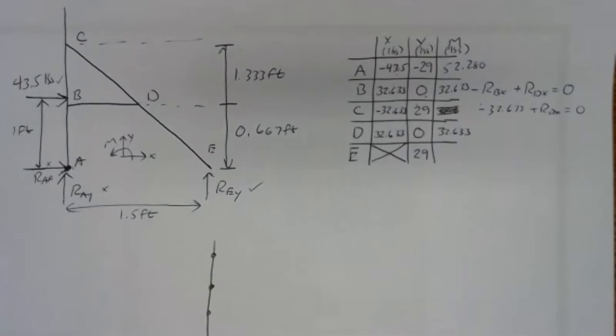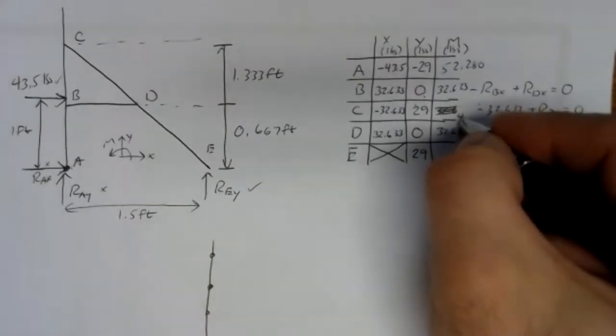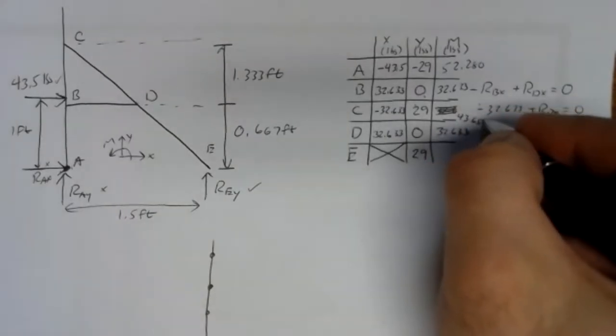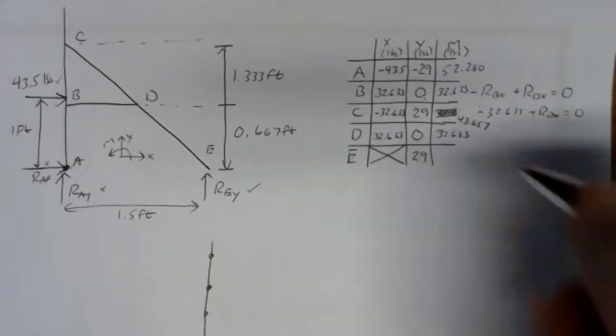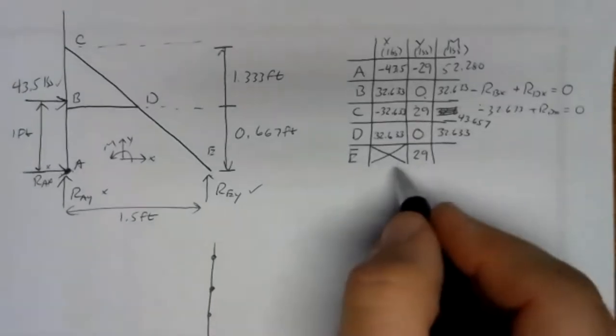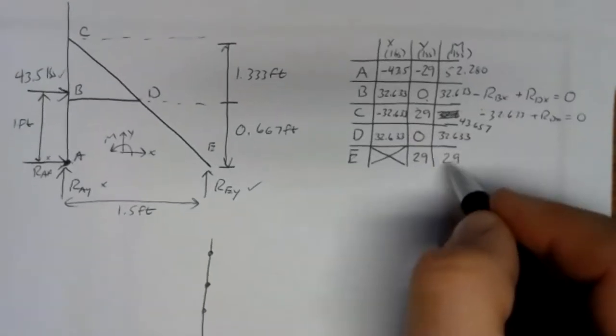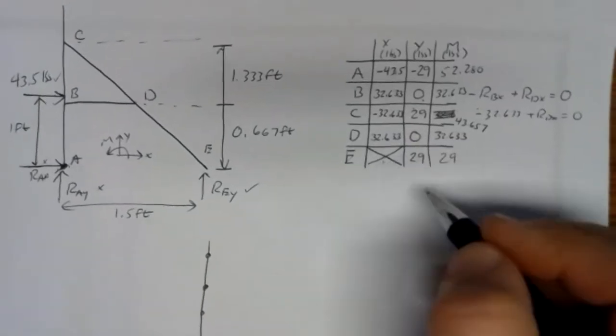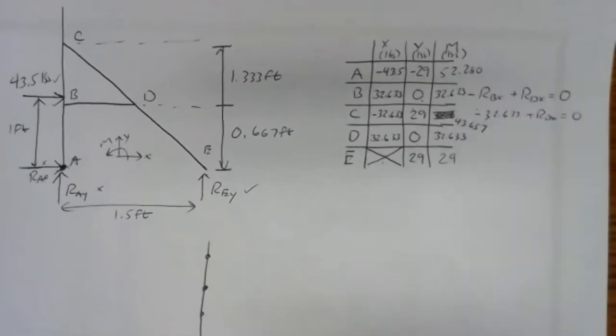There, that's 43.657. So 43.657. And then this one's just going to be 29 because there is no value for the x direction. So there we go. There we've got our magnitudes.